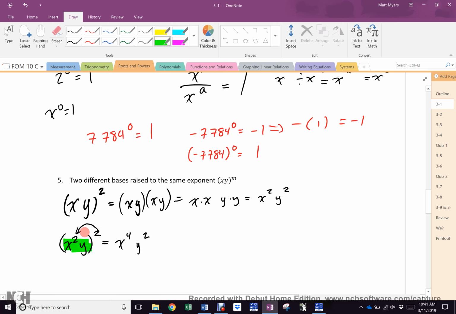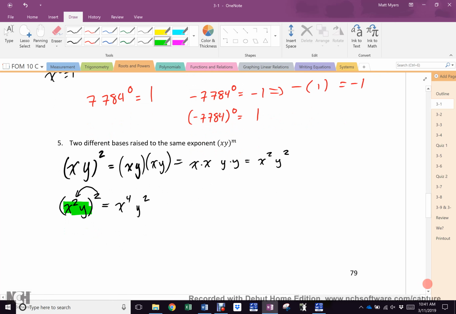Okay. The next mistake that kids make with this is this one. What is (2xy)^2? It is 4x squared y squared. Why? Rylan. The 2 hits everything inside the base.